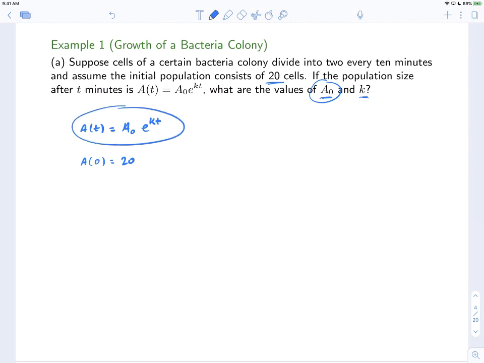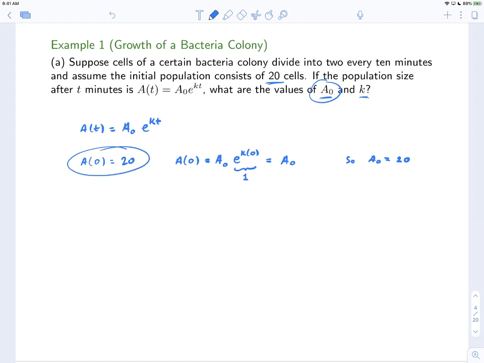And now we can show directly that that's A₀ by just computing in the formula. A(0) is A₀ e^(k·0). But e^(k·0) is just going to be 1. So this is just A₀. So that's how we know that A₀ is equal to 20.